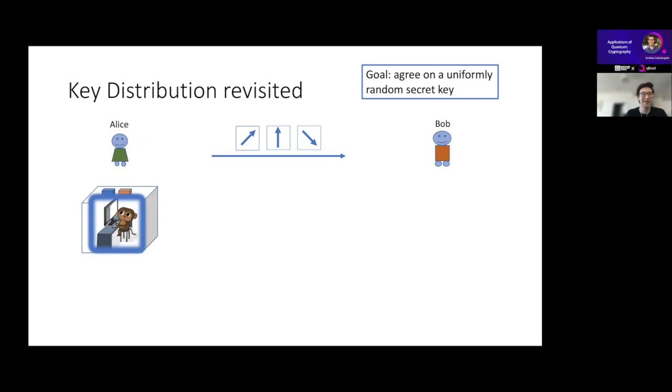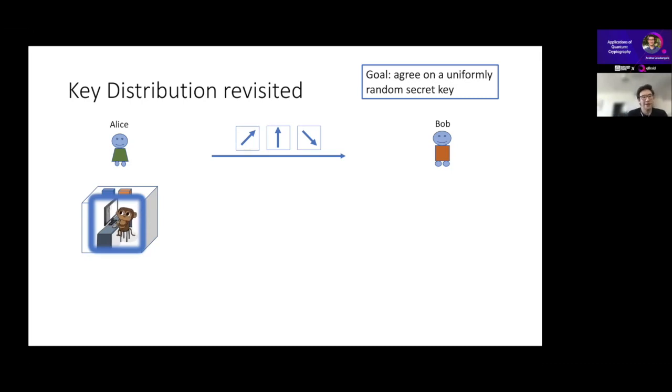And so it becomes essential that Alice and Bob have access to some sort of certification procedure for their devices. And so here's where entanglement plays a role in a surprising way. It's a bit difficult to describe what entanglement is in words.